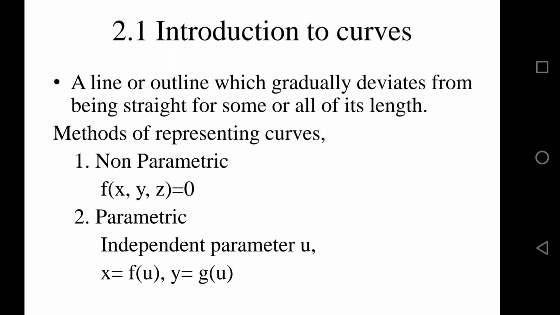Non-parametric representation, also called generic representation, represents the curve as a relationship between x, y and z. Let's say I have a point on a curve and I want to represent that point using non-parametric representation. I represent that point by just using the relationship between x, y and z.